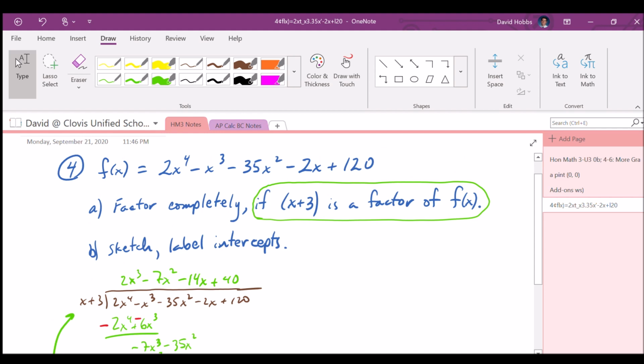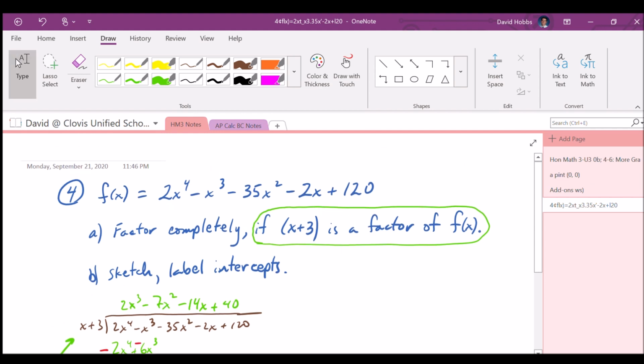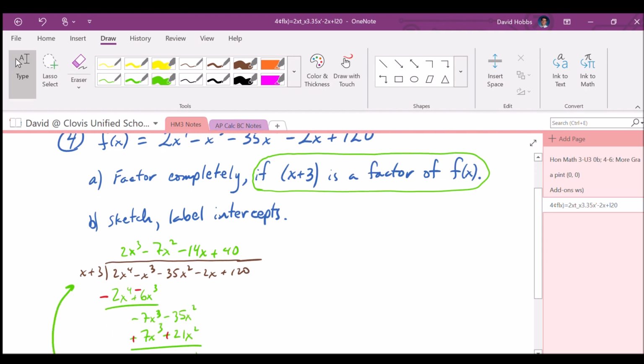So f of x is x plus 3, because x plus 3 is a factor, times our answer to the division problem. So 2x to the third minus 7x squared minus 14x plus 40.